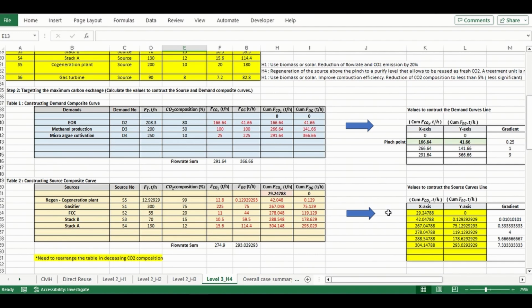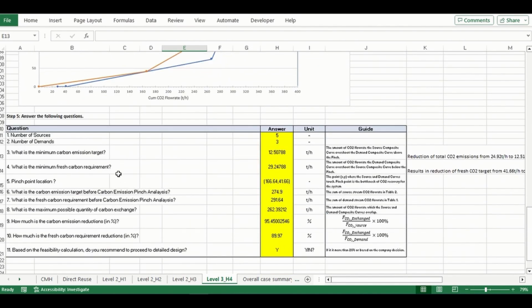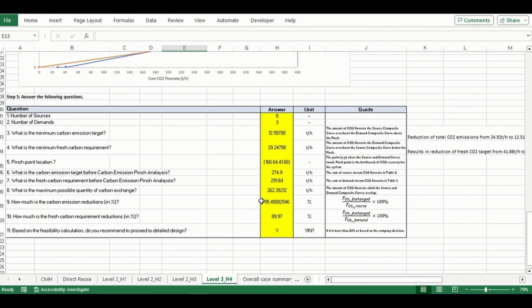By performing this Excel calculation, we'll get a new composite curve line as shown here, and the reduction is up to 95.45%, where the new minimum carbon emission target is 12.50 ton per hour.